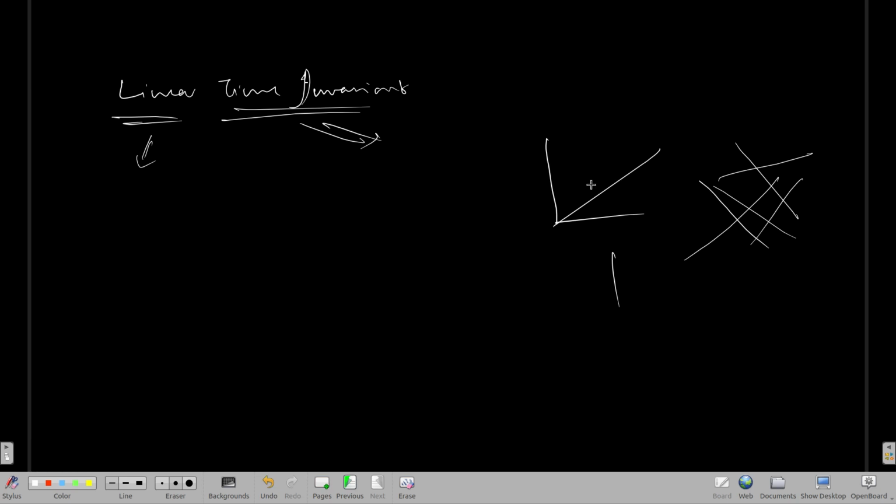Whenever you are asked to check if a system is linear or not, sometimes you can straight away understand that certain systems are non-linear, like trigonometric functions, logarithmic functions, and exponential functions.